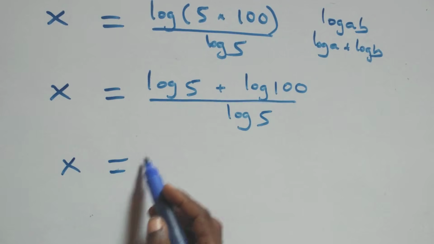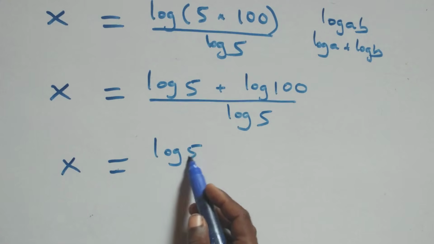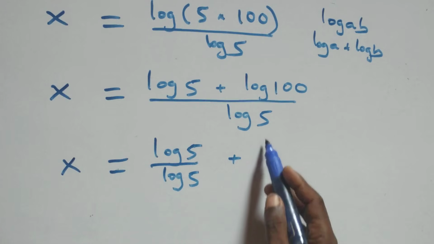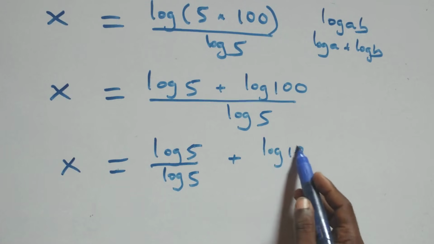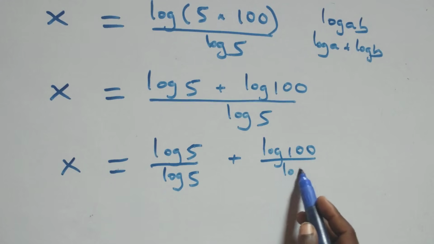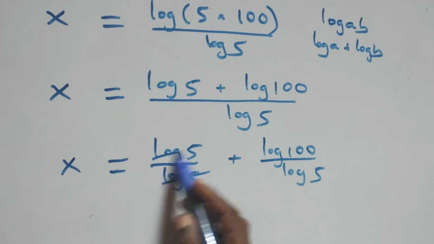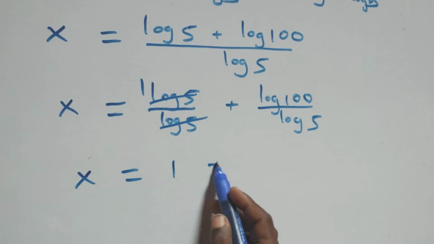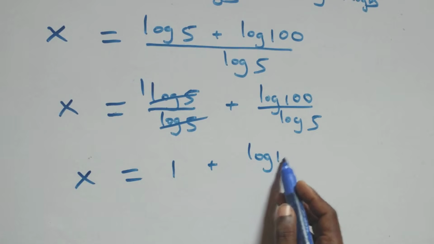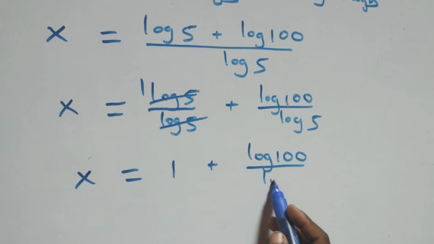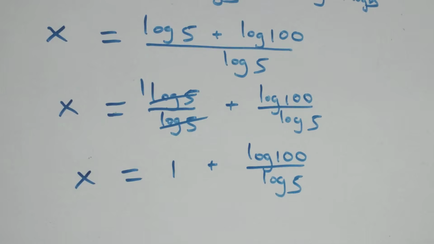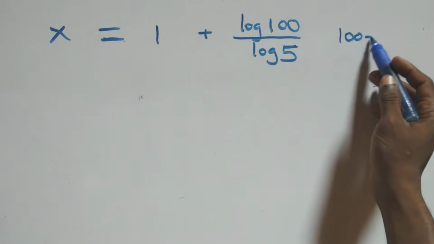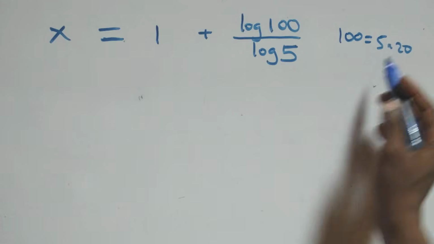We have x equals log 5 over log 5 plus log 100 over log 5. Here log 5 cancels out, one is left, and we have x equals 1 plus log 100 over log 5.